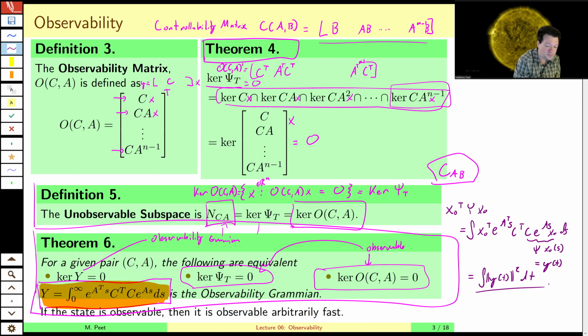So that's a very useful concept, and we'll extend it again in the next slide, take that Grammian and extend that to the observability ellipsoid, the same way we did for the controllability ellipsoid.